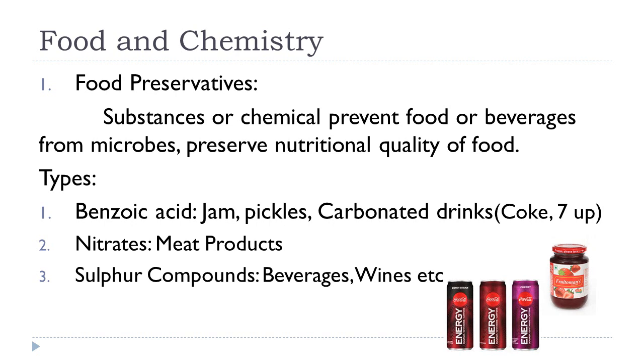It is used in the meat products. And next one, sulfur compounds. Sulfur compounds are chemical compounds. They are used in cool drinks, wines, etc. But some preservatives may have side effects. So hence study and further research is required.